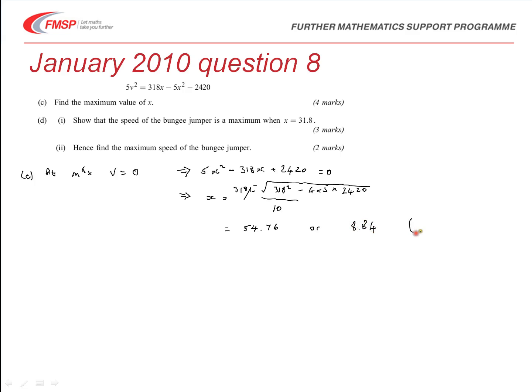But of course this one here is less than 22, so that one gets ignored, and so the only answer we've got is 54.8 meters.